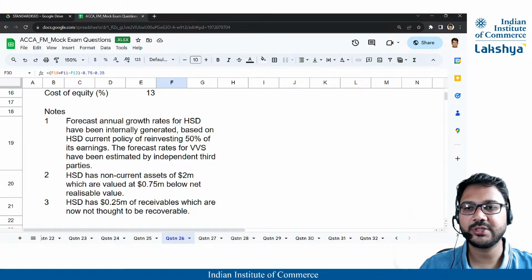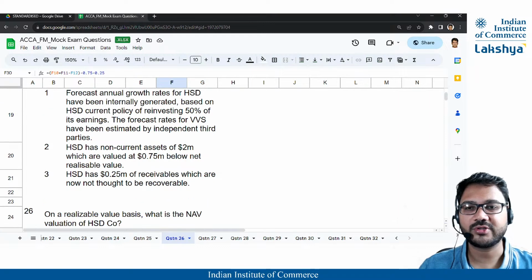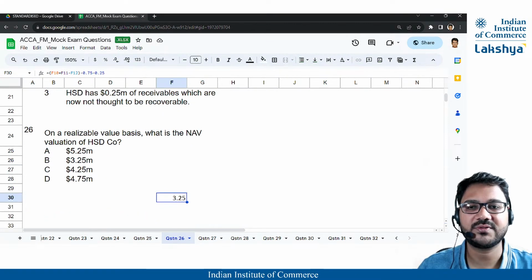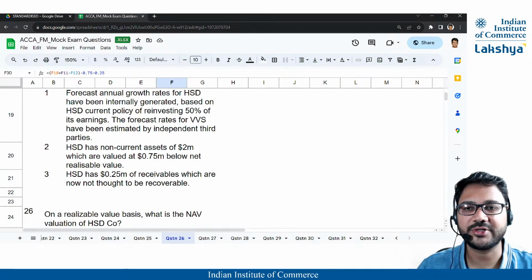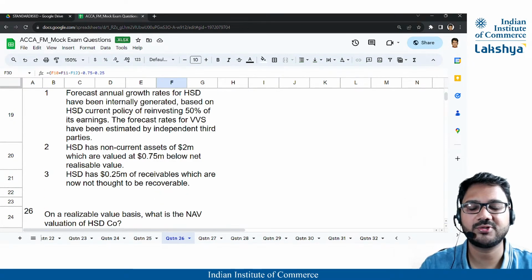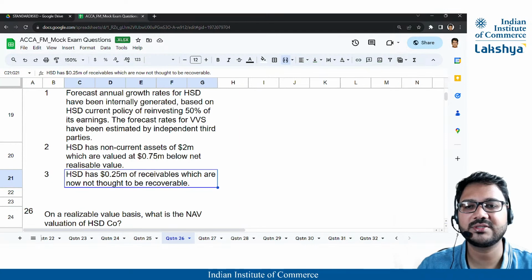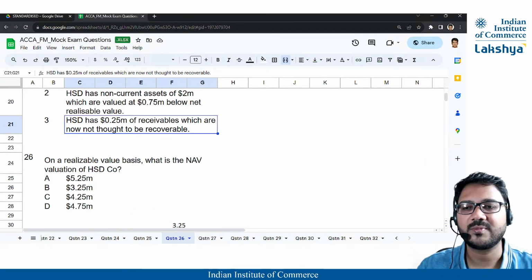Non-current asset of $2 million are valued at 0.75. Okay, sorry. So actually, there was something worth 2 million which is now valued at 0.75, which means it's not just a reduction. I didn't read this 2 million. I just wrote minus 0.75. It's basically $2 million worth of assets. So what is happening is, this is straightforward. This is just reduced by 0.25.